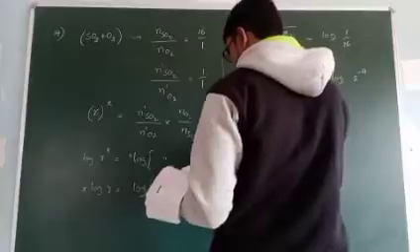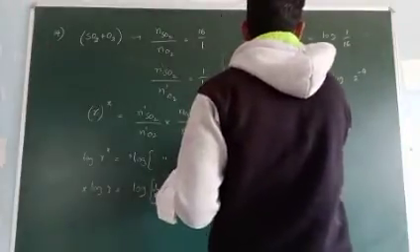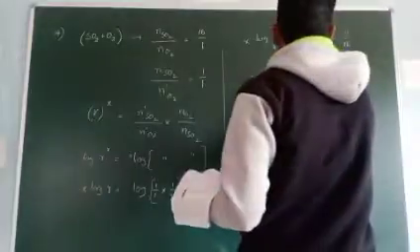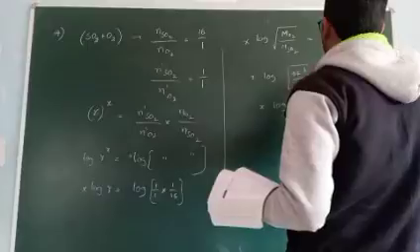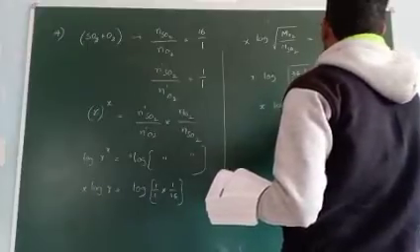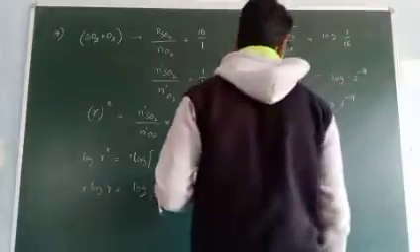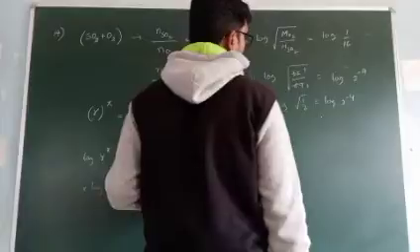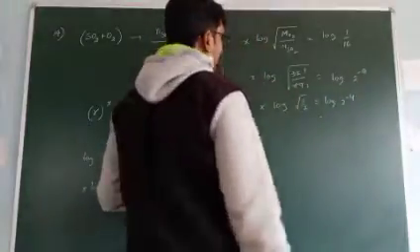After this, we can calculate easily. x log root of 32 by 64, root 1 by 2, is equal to log 2 power minus 4. Okay, this is a difficult problem.